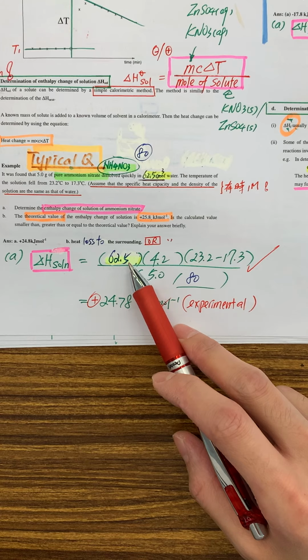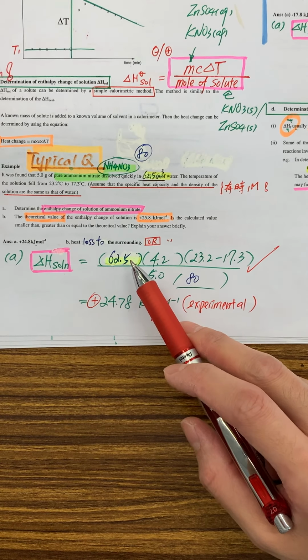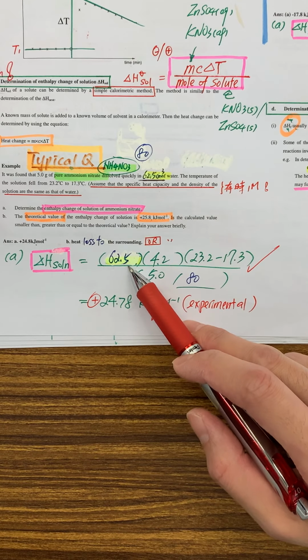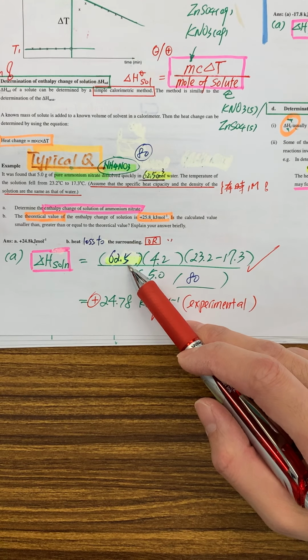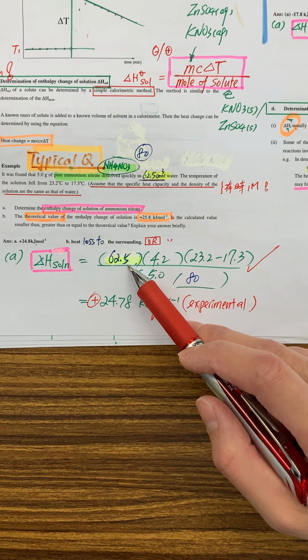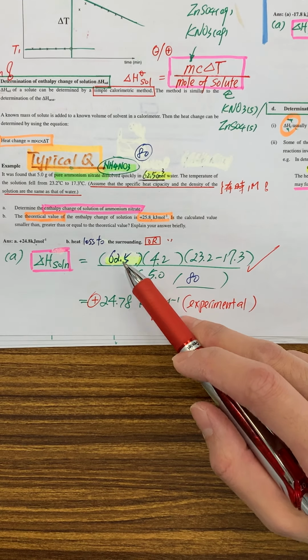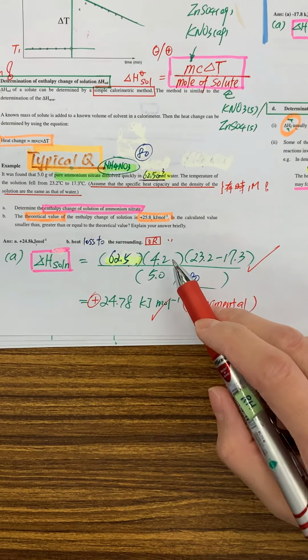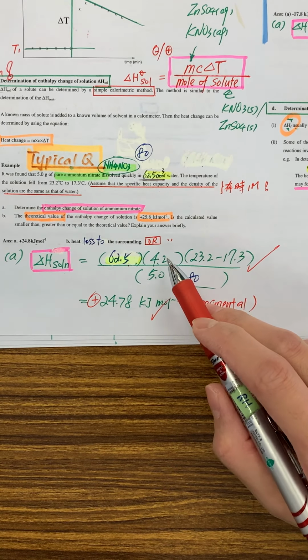Now the mass of water is 62.5. How do we get 62.5 grams? Because we know that the density of water is 1 gram per cm cube, right? And 4.2 is the specific heat capacity.